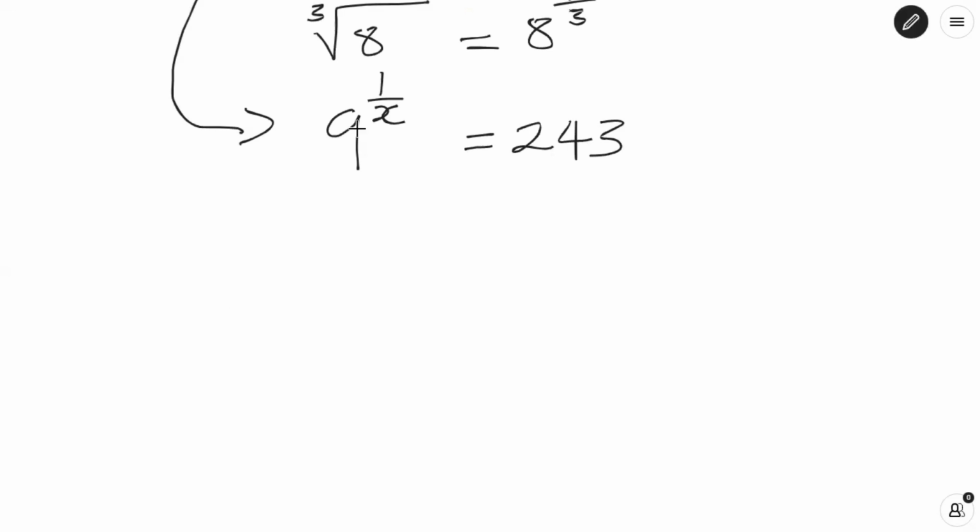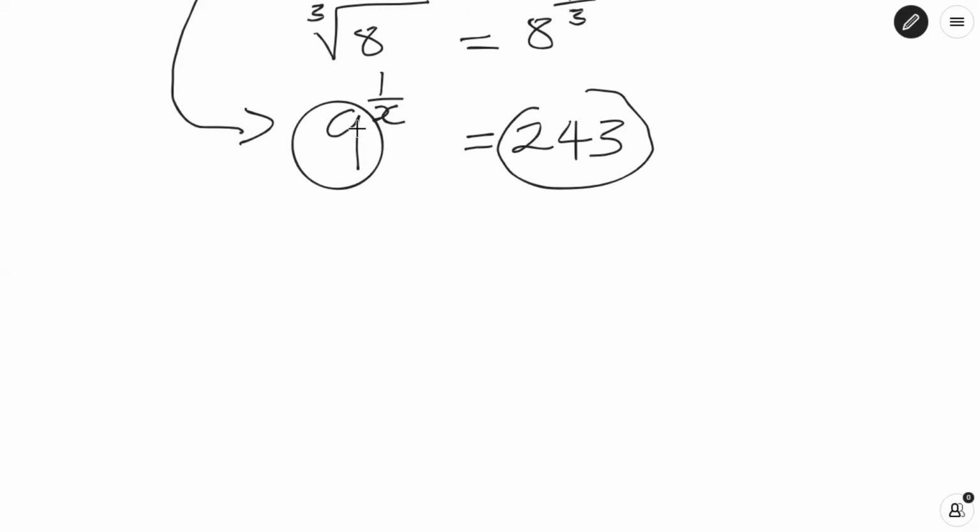we need to write down the 9 and the 243 in power form again, right? So that is what we need to do. We need to write down the 9 and the 243 in power form or index form.